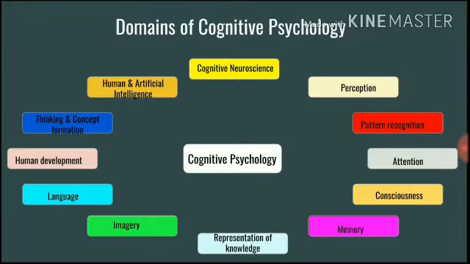Now, when we talk about consciousness, we are talking about the idea of our current awareness, that is, the awareness that we have of the present stimuli in the environment and also of our internal circumstances. So when we are conscious, when we are aware, is when we are able to pay attention to any kind of stimuli and then store it in our memory.